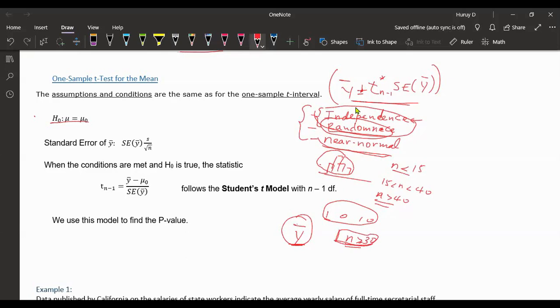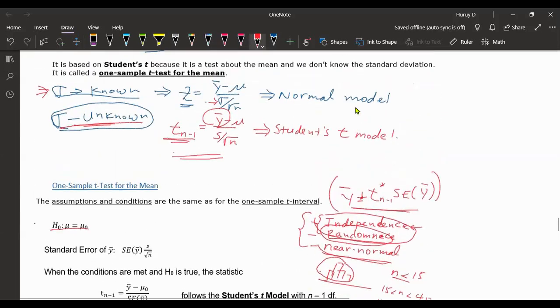And in some books they will tell you if n is greater than 30, then instead of t we use z, which means y bar minus mu over s over square root of n. Of course, the distribution of this one is t.